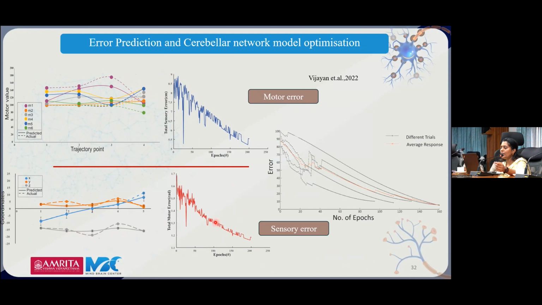The sensory error is the change in the end effector coordinates, the actual as well as the predicted end effector coordinates, whereas the motor error was based on the differences in the actual as well as the predicted motor values. In the initial phase, around 40 or 50 iterations, it tends to have differences, after which it reduces in a gradient-based manner.